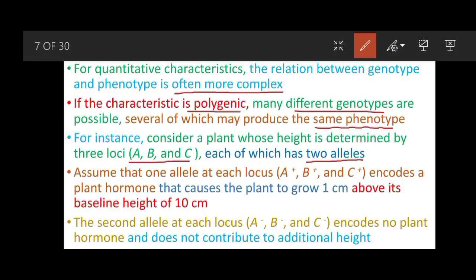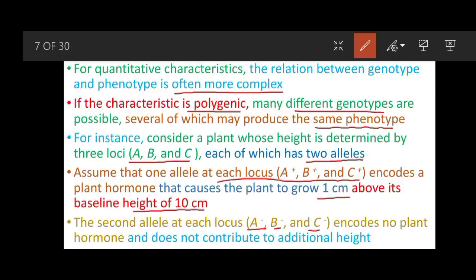Now we assume that one allele at each locus A, B, and C encodes a plant hormone that causes the plant to grow 1 centimeter above its baseline height of 10 centimeters. The second allele at each locus, A minus, B minus, and C minus, encodes no hormone and does not contribute to additional height.